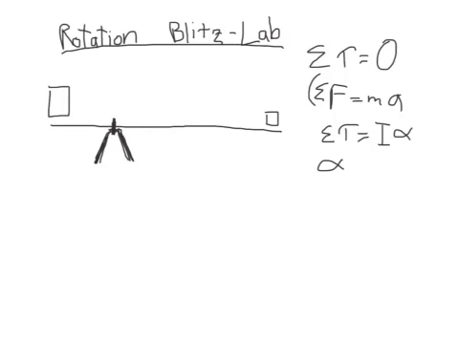Solve for rotational acceleration, and we can see that if the sum of all torques on this teeter-totter is zero, then the rotational acceleration must be zero. If it's not accelerating angularly, then it's just going to stay put like it is.